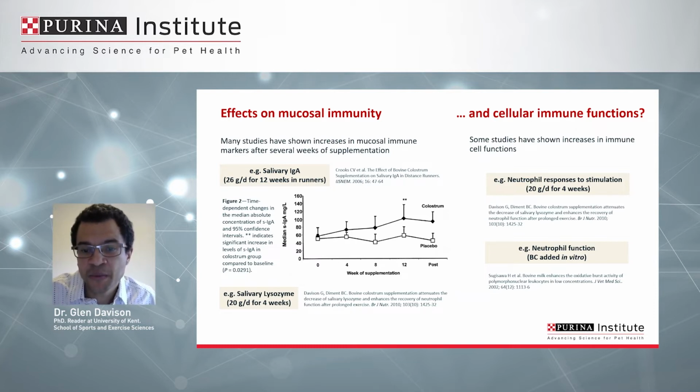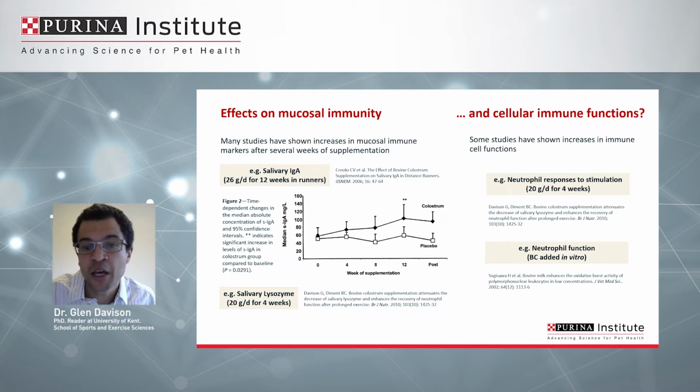And in this study, there was an acute stressor, which was 2 hours of moderate intensity exercise. And generally speaking, we see a decrease in some of these cellular markers of immune function. And there was protection against that decrease in the individuals who had consumed the bovine colostrum. And this particular cellular function was neutrophil response to stimulation.